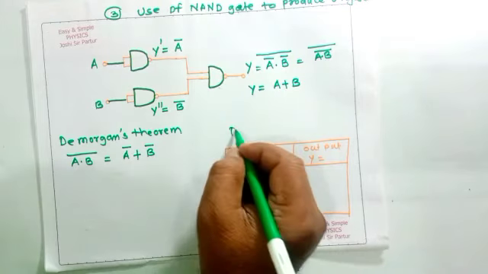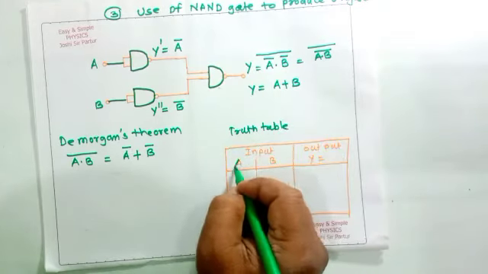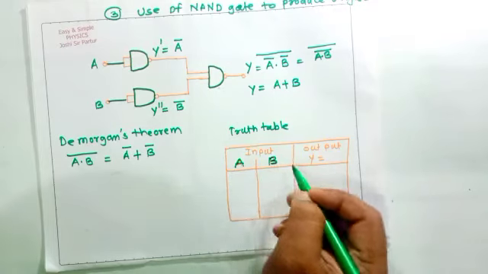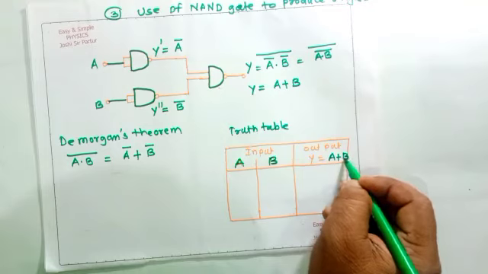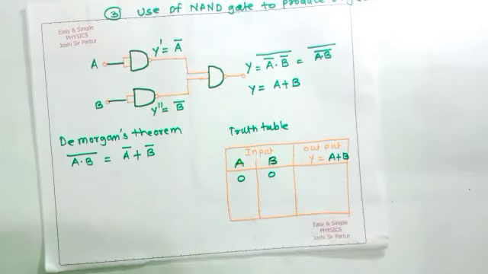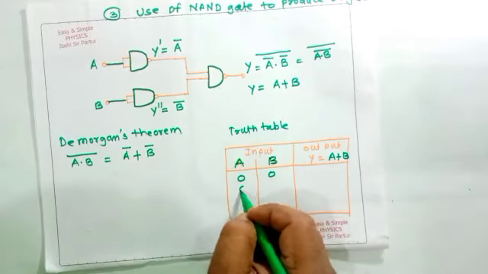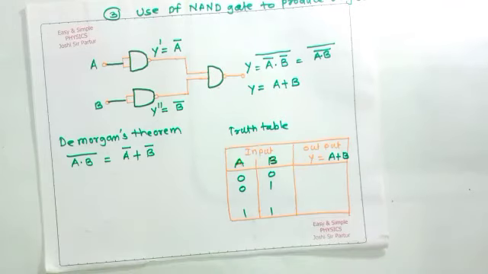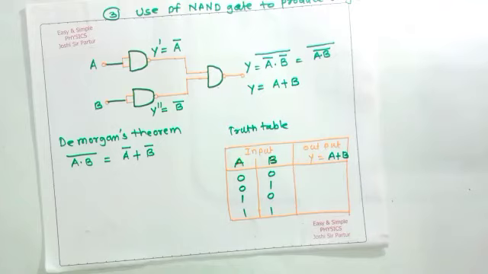If we verify the truth table, input A, input B, output will be A or B. What happens? Four possibilities will be there. Both inputs are low, both inputs are high, one input is low and another input is high, one input is high and another input is low.